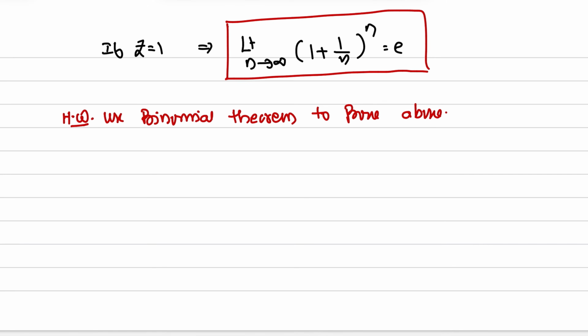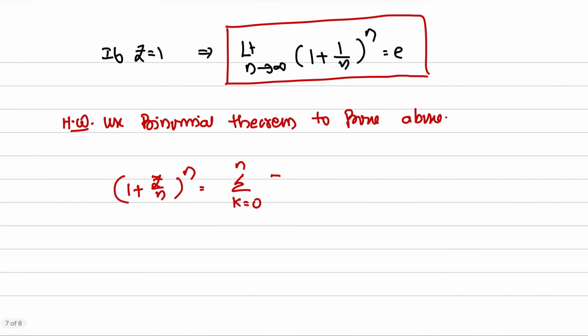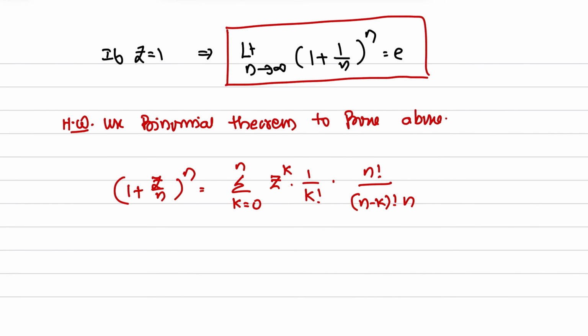How to use the binomial theorem? The binomial theorem is: (1 plus z by n) to the power of n can be written as sigma k is equal to 0 to n, z to the power of k into 1 by k factorial into factorial n by (n minus k) factorial into n to the power of k.